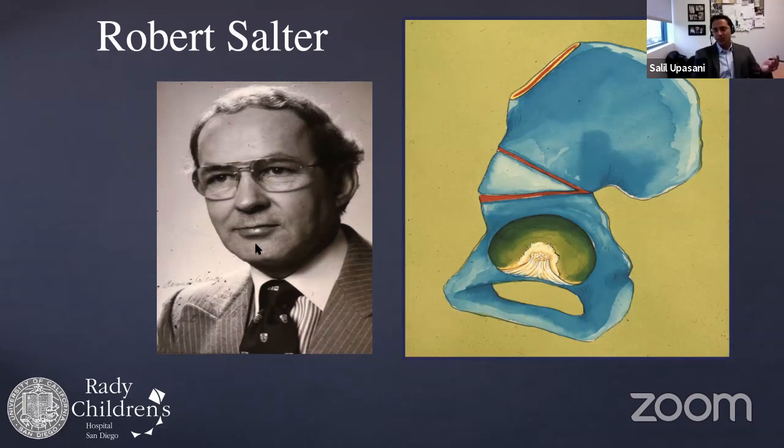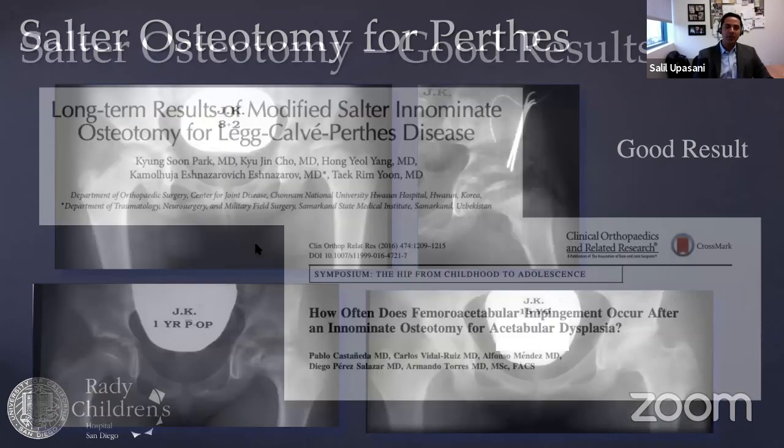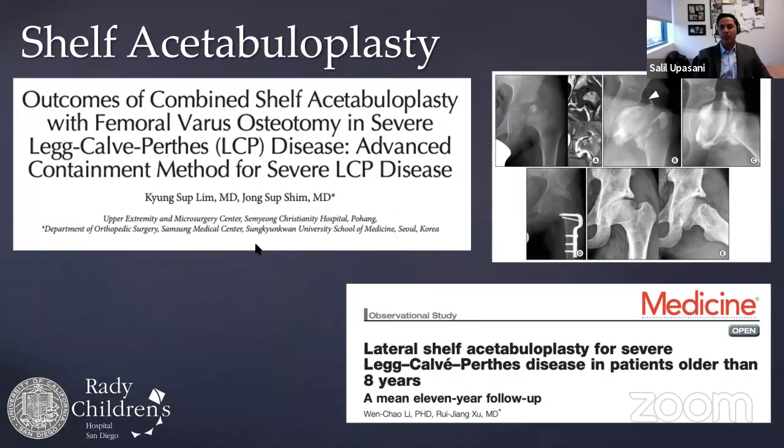So the pure Salter innominate osteotomy, this is a good result for a patient treated with a Salter, one of Dr. Wenger's cases with 10 years of follow-up. But there's lots of good long-term published outcomes for the Salter osteotomy, as well as the shelf acetabuloplasty. So I really don't have a personal bias towards any of these.